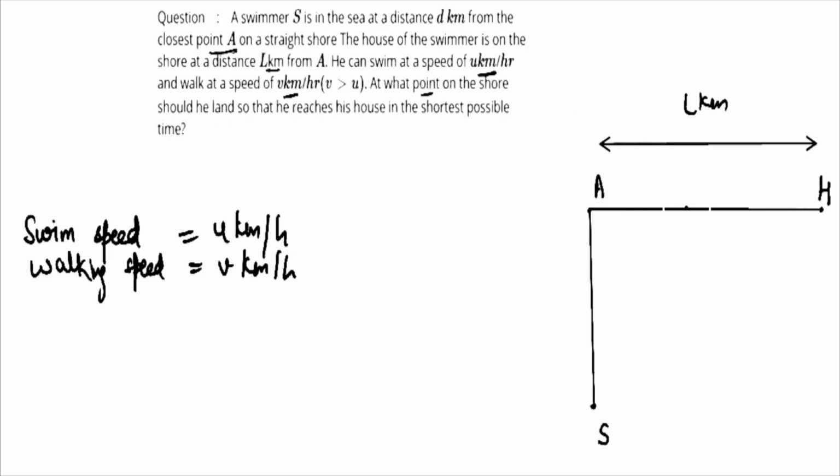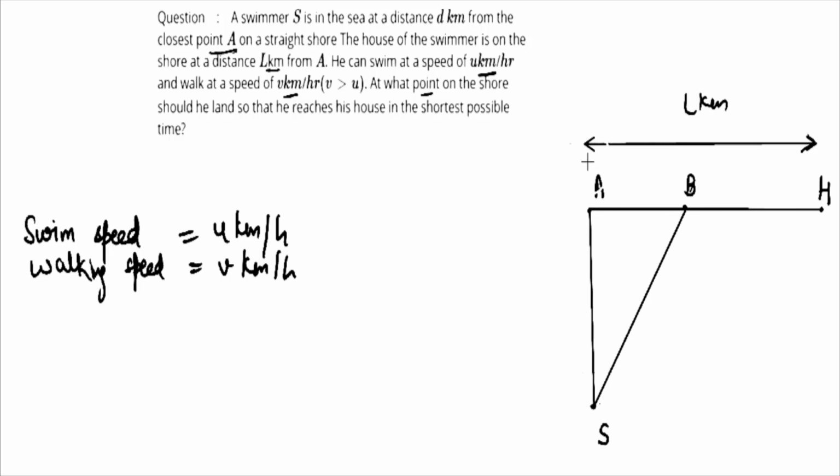So let us mark the point on the shore B. Let us call it the point B, where he should reach from the point S, so that he will reach his house at the point H in the shortest time. So let us join the point B and S. Now we have joined S and B.